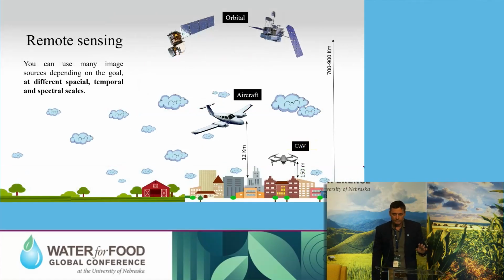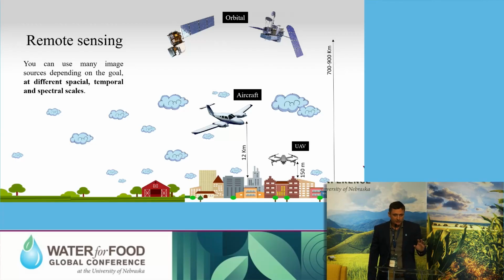So, when we talk about remote sensing, you can use many image sources depending on the goal, at different spatial, temporal, and spectral scales. The most common images we use are orbital data, from satellites. Most of the images are free, for example Landsat and Sentinel, which are free and good quality.